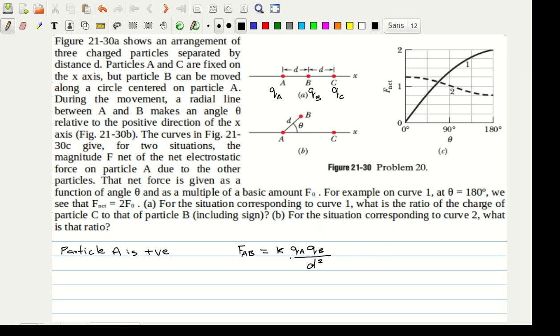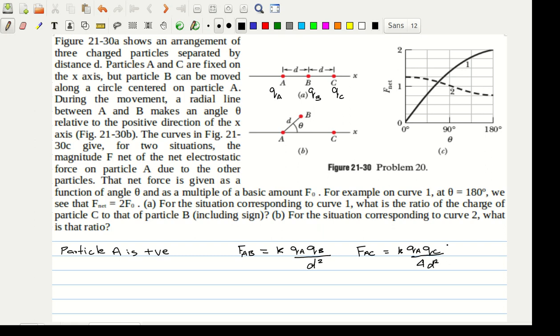We are only talking about the magnitude here. Then the force on particle A due to particle C is simply K times QA QC divided by the distance between them, which is 2d, so it is (2d) squared or 4 times d squared.